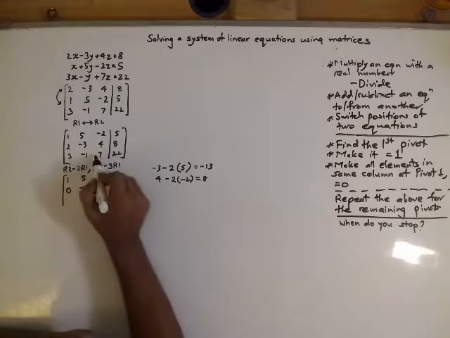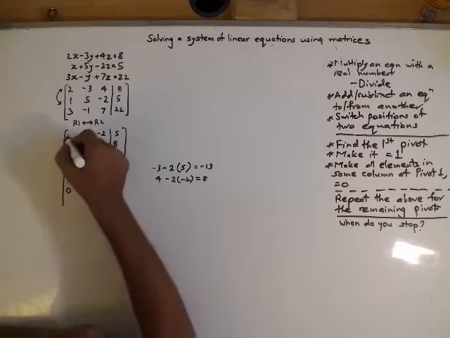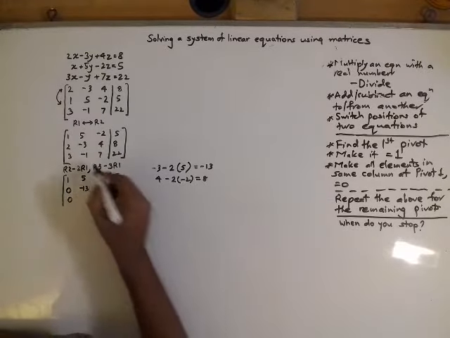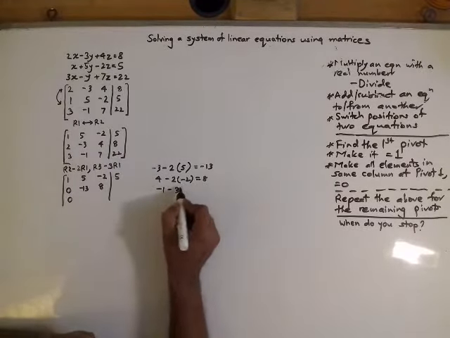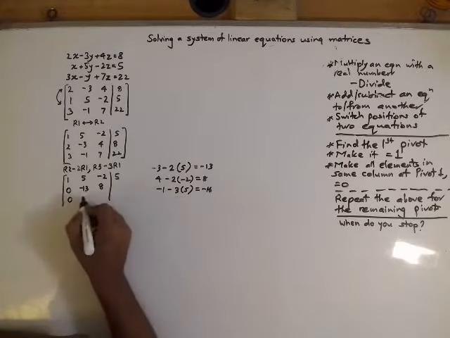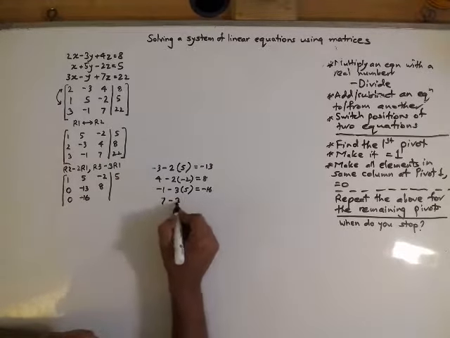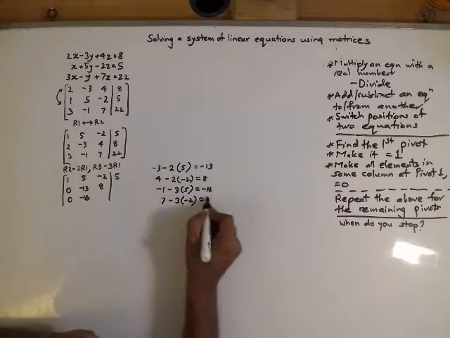And this row minus 3 times of this row. So 3 minus thrice of 1 is 0, minus 1 minus 3 times of 5 gives me minus 16, and 7 minus 3 times of minus 2 gives me 13.